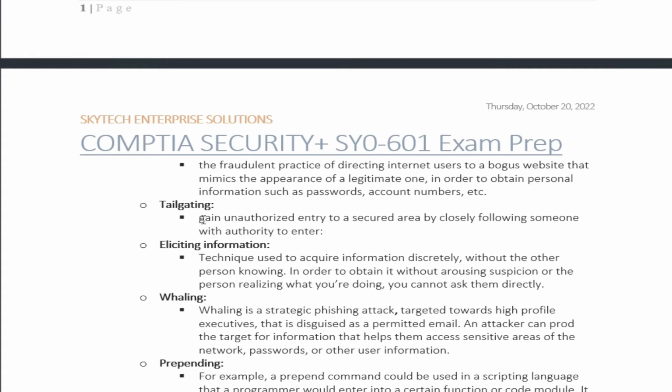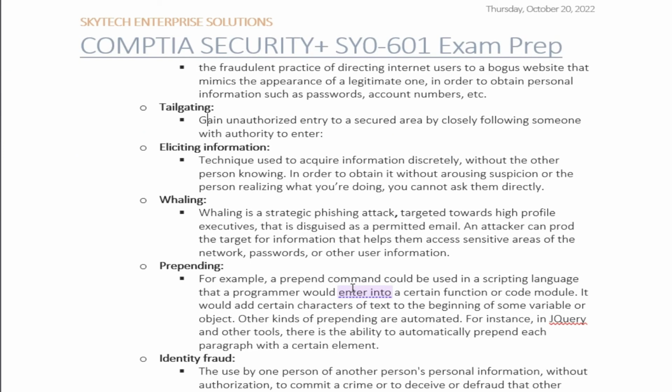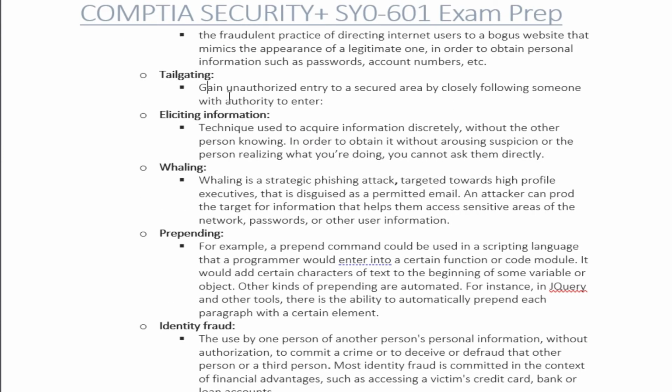If you're a sports fan, you definitely know what tailgating is, but this is a different form of tailgating. Tailgating is pretty much gaining unauthorized entry to a secured area by closely following someone who has authority to enter. So, a scenario that I'll bring up: you work in a government facility, everybody gets in there using a card, it's highly secure.